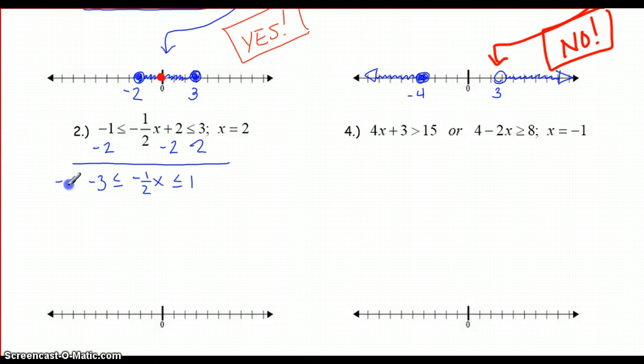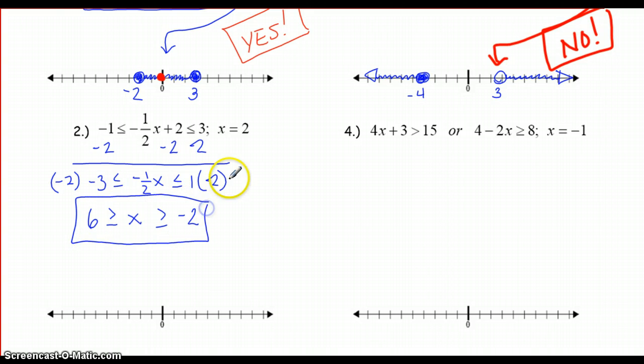Negative 2 times negative 3 is a positive 6, but we multiplied by a negative, so we flip our sign. And we flip our sign again because we multiplied by negative 2. So here's our solution, and we're going to go ahead and graph it.